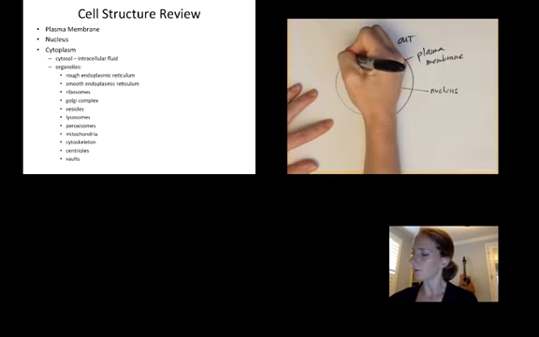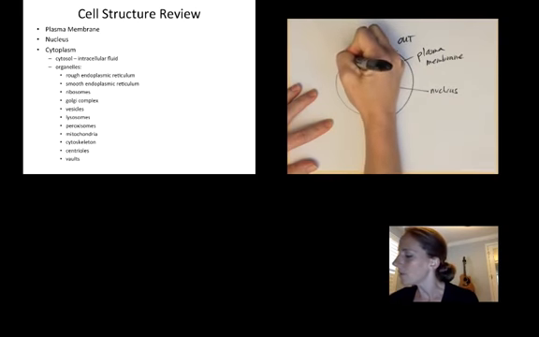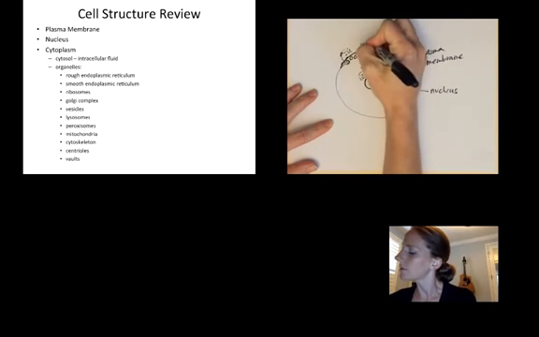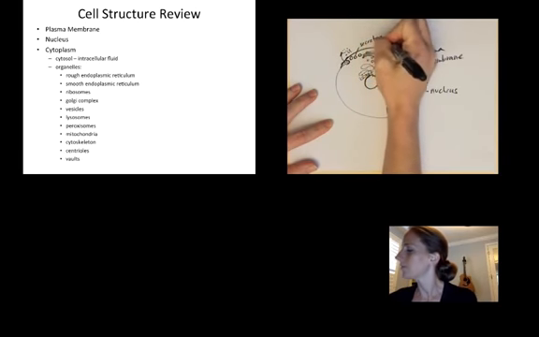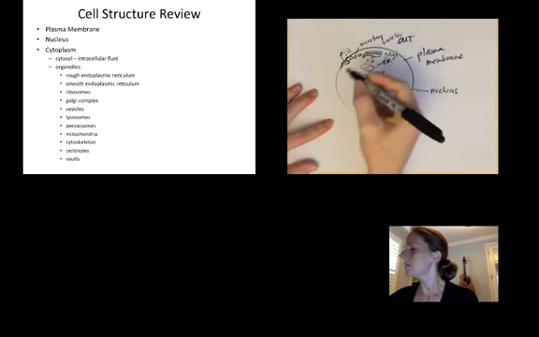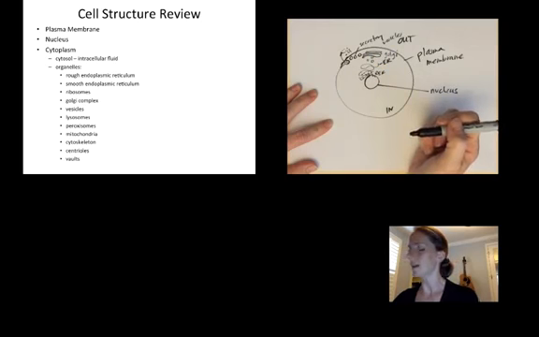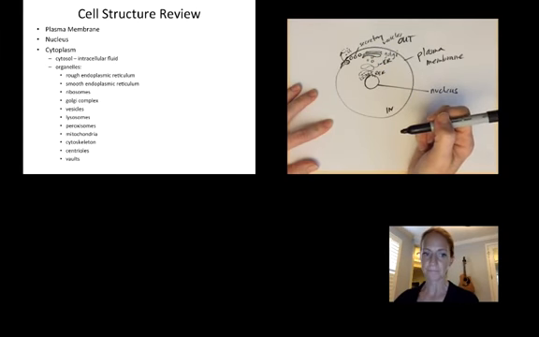Some of those vesicles will be used for secretion, where molecules will be secreted out of the cell, and those are secretory vesicles. Some of those vesicles will become specialized vesicles within a cell and depend on the cell function.